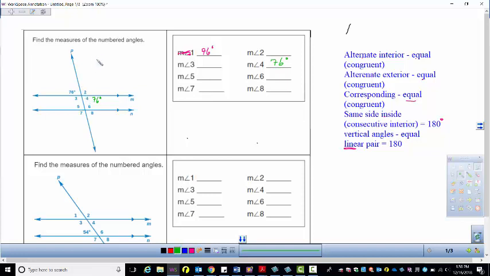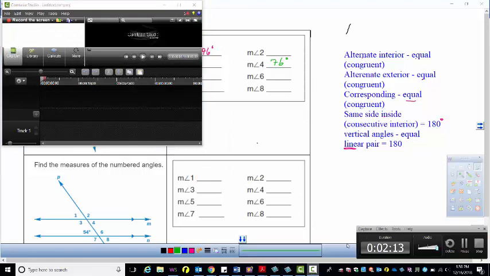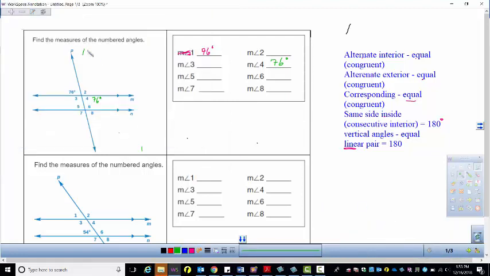So if I take 180 degrees minus 76, that is 104 degrees. So angle 2 is 104 degrees. Now I know that angle 2 and angle 3 are vertical, so angle 3 is also 104.